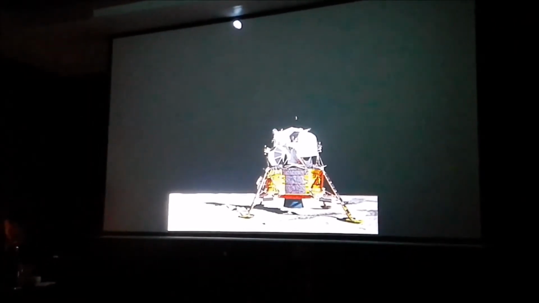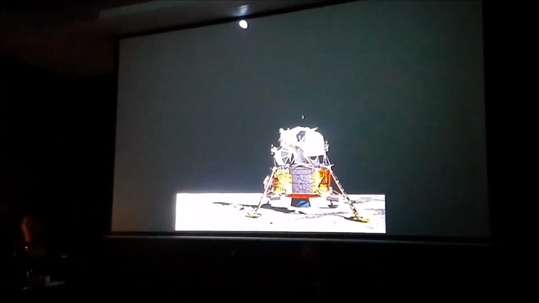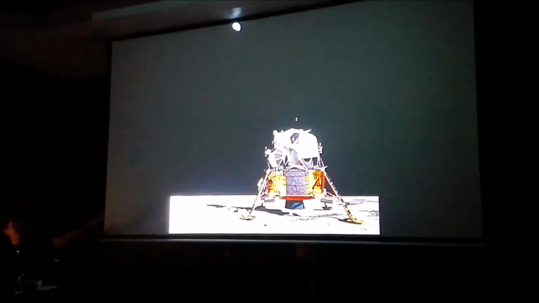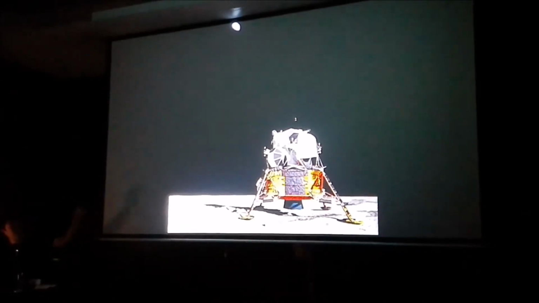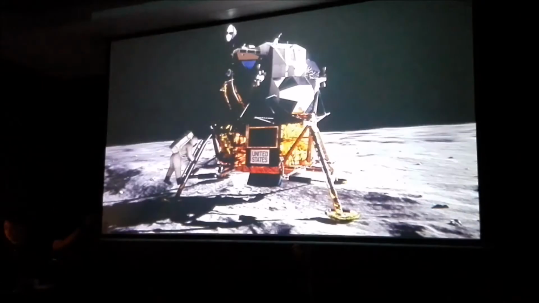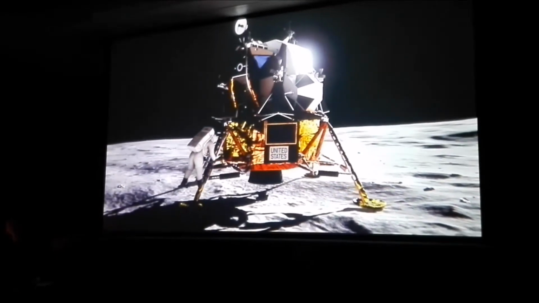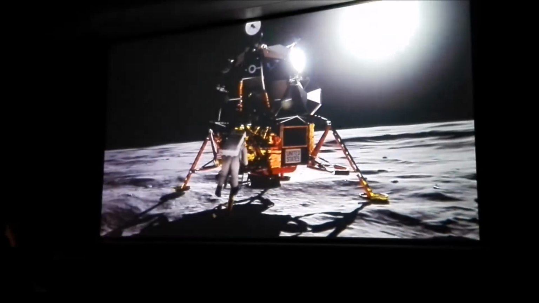And as you can see, we had to model the entire thing, right, with global illumination, as well as all the lighting information that Nick just said. So we're trying to recreate everything in terms of the placement of the sun, the materials of the LEM, and even the materials of the regolith, otherwise known as moon dust.